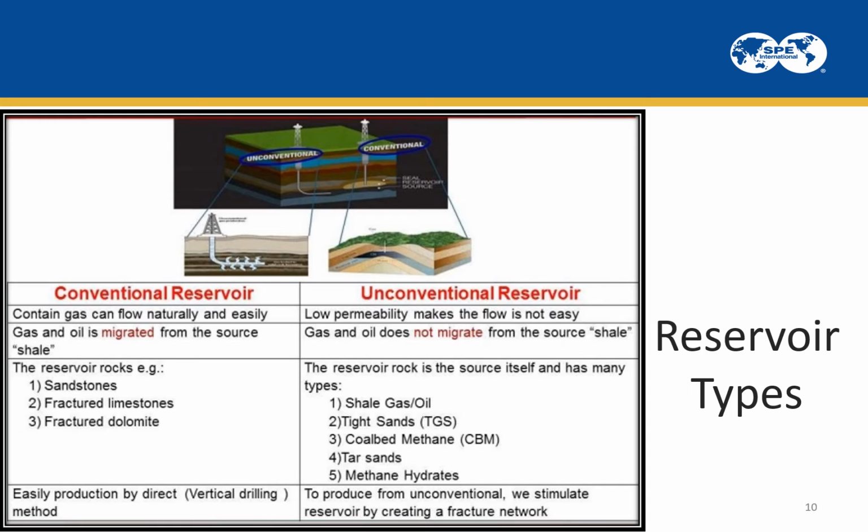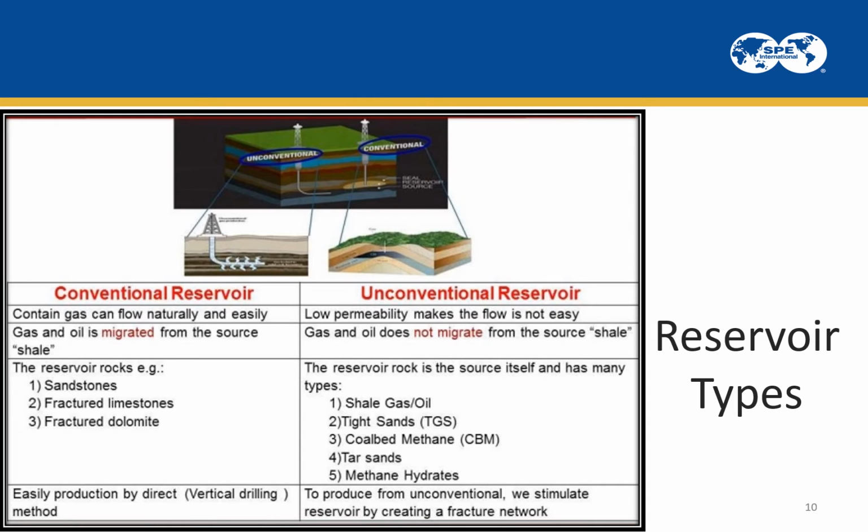Especially for the comparison between conventional and unconventional reservoirs. Conventional reservoirs include sandstone, fractured limestone, and dolomite. In general, in conventional reservoirs the production can be considered easy and can be produced directly by vertical wells.